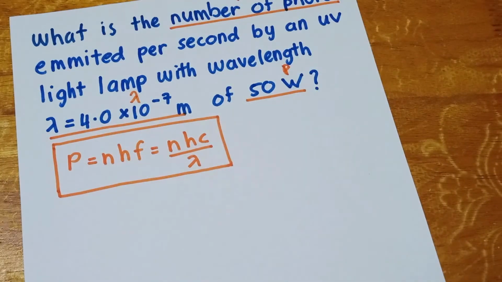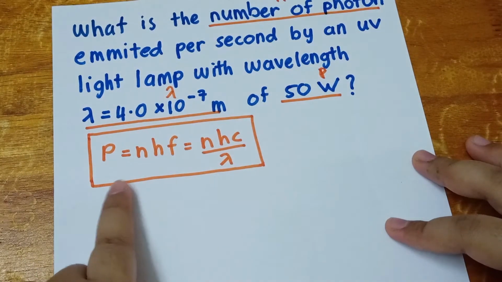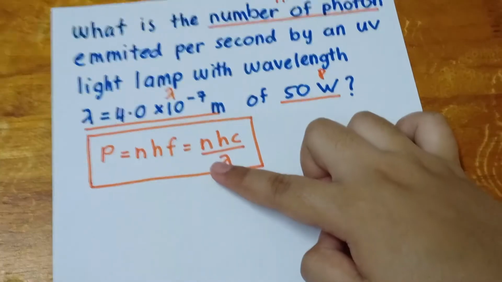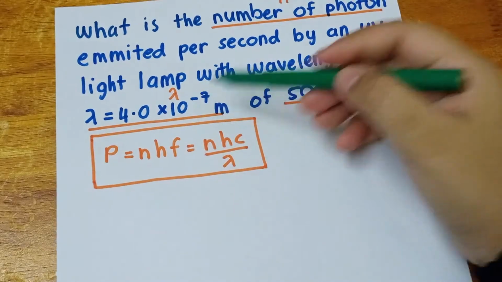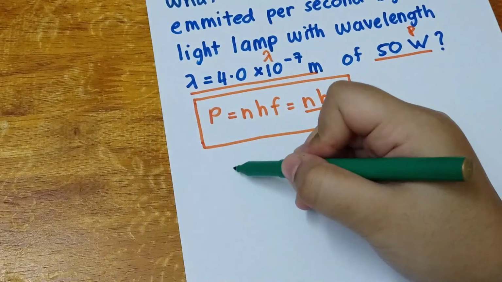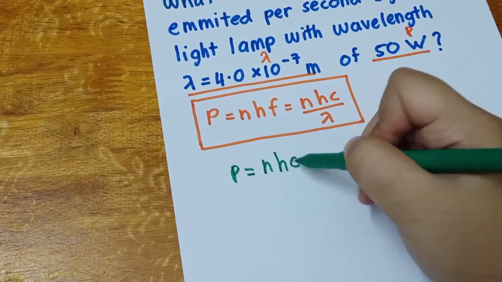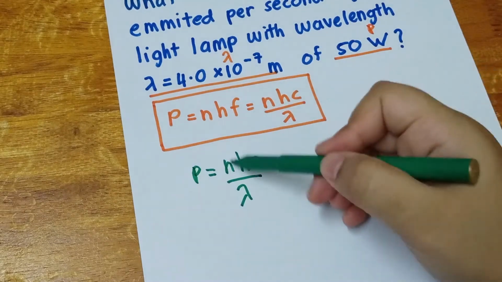The original formula of the power is P equal to NHF, equal to NHC over lambda. Since we have lambda here, we use the second formula, P is equal to NHC over lambda.